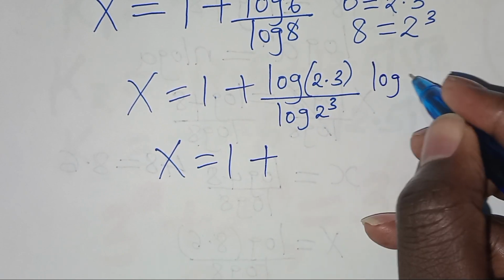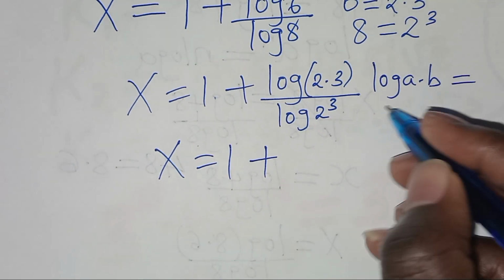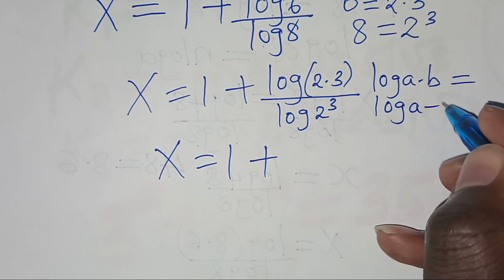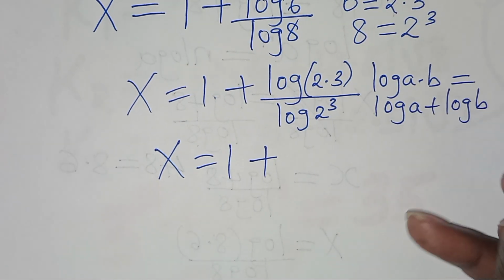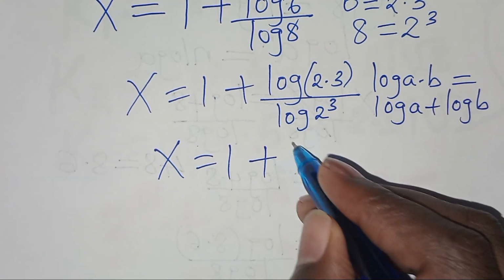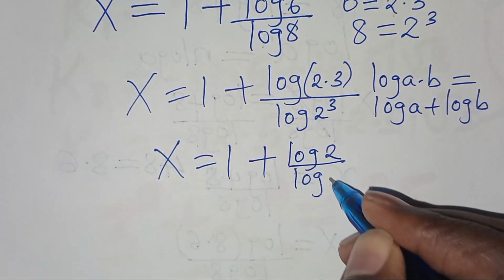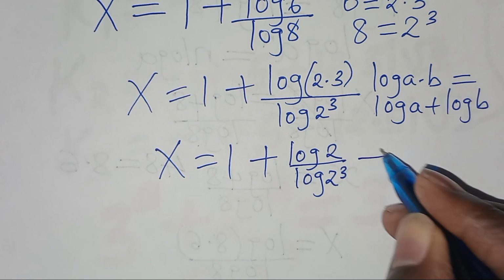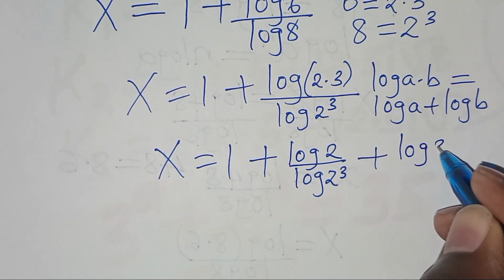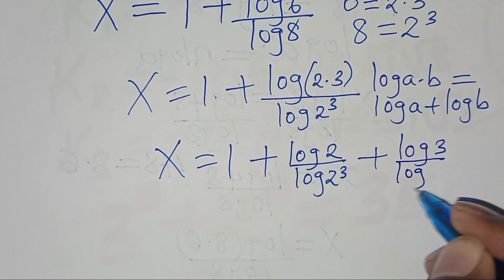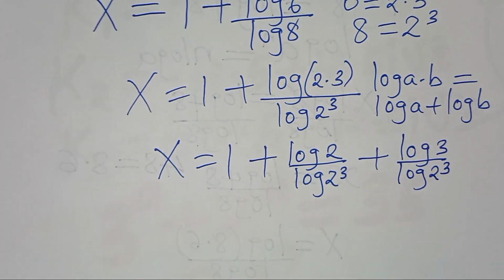Again, this is in the form of log of a times b, which we can express as log a plus log b. Applying this logarithm property, then here you have log 2 divided by log 2 to the power 3 plus log 3 divided by log 2 to the power 3.